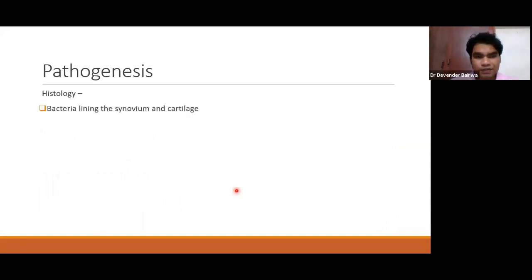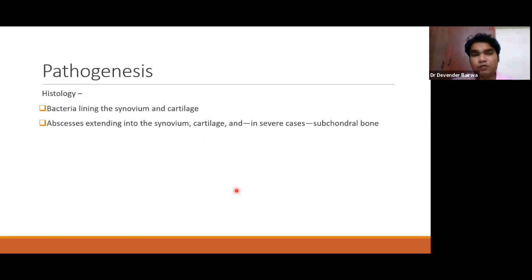On histology, generally we can see bacteria lining the synovium and cartilage. There will be formation of small abscesses that can extend into the synovium or cartilage, and in more severe cases, you can also see these abscesses extending to the subchondral bone. Because of the reactionary response, there will be synovial proliferation and formation of pannus over the cartilage.